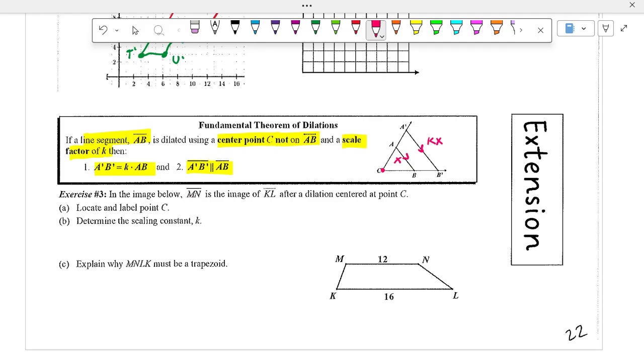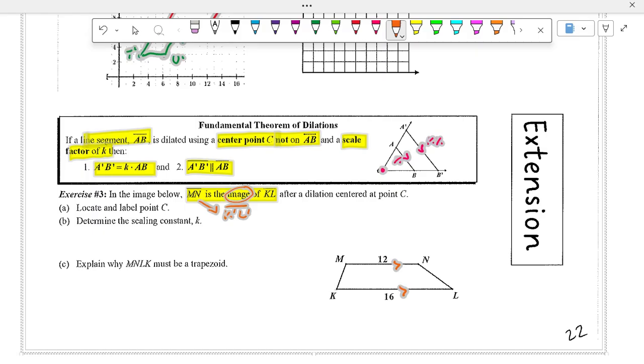So let's see if we can locate the center for the image below. It says that MN is the image of KL. So MN is the same thing as K prime L prime. They want us to know where the center of dilation is. We know that these two have to be parallel.